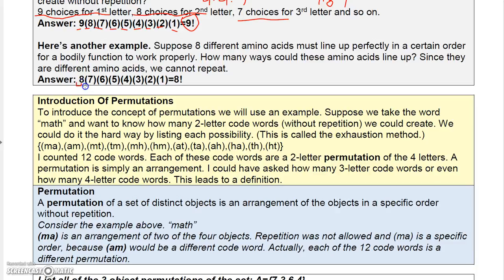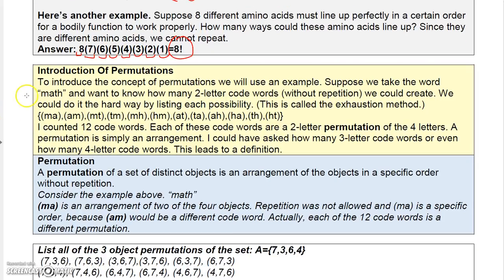Then that leaves 7 choices for the next, 6 choices for the next, and so forth. And once you get down to the last one, there's only 1 amino acid left to line up. So that would be 8 times 7 times 6 times 5 times 4 times 3 times 2 times 1, which is 8 factorial.